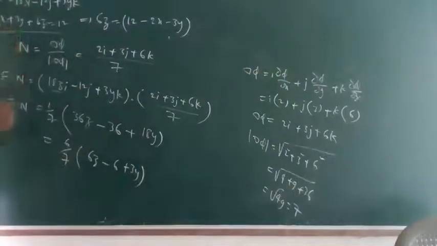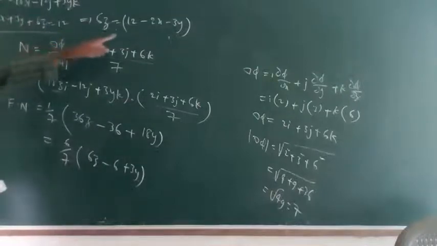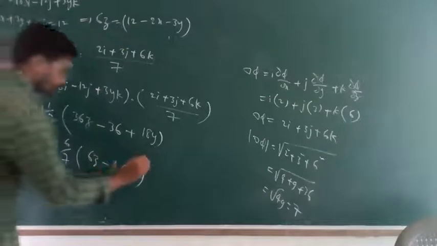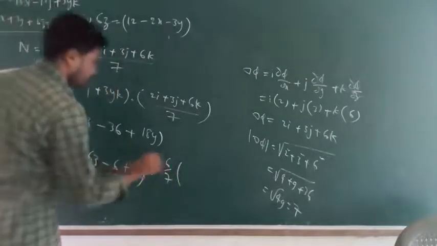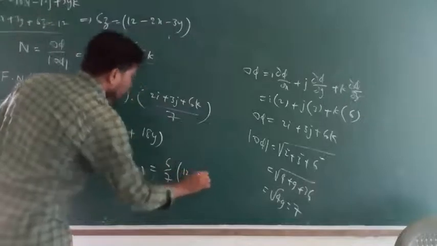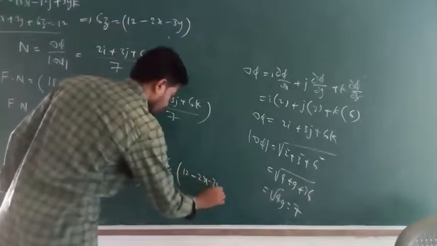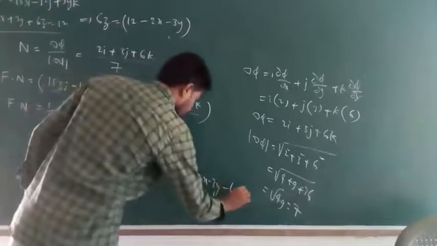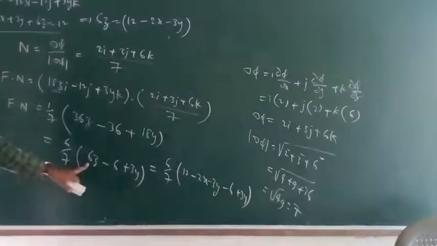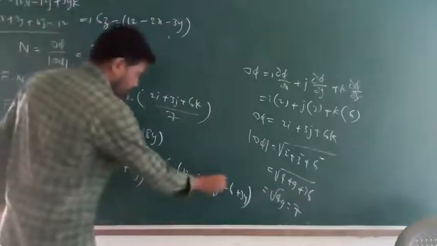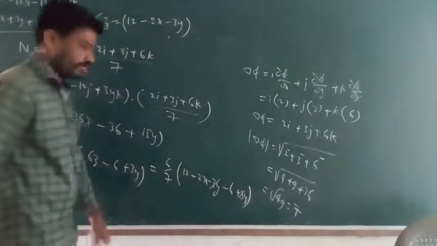So given condition 2x plus 3y plus 6z equal to 12, 6z equals 12 minus 2x minus 3y, substitute this term. So 6 by 7, 6z means 12 minus 2x minus 3y, minus 6 plus 3y. Minus 3y plus 3y cancel.